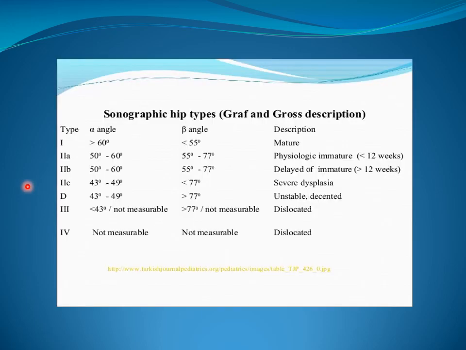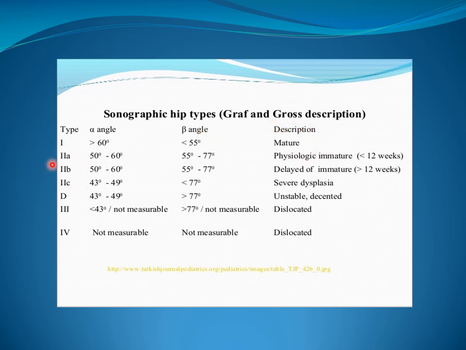Regarding the Graf method for assessment of DDH, we have 4 types. First, type 1, where the alpha angle is more than 60 degrees and the beta angle is less than 55 degrees, and this is the mature hip.